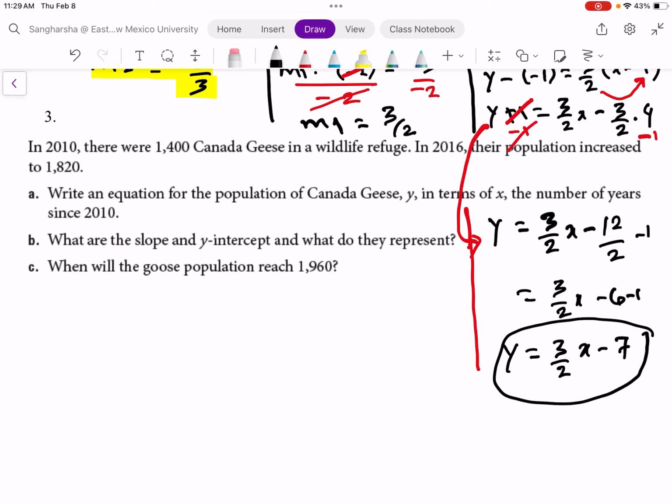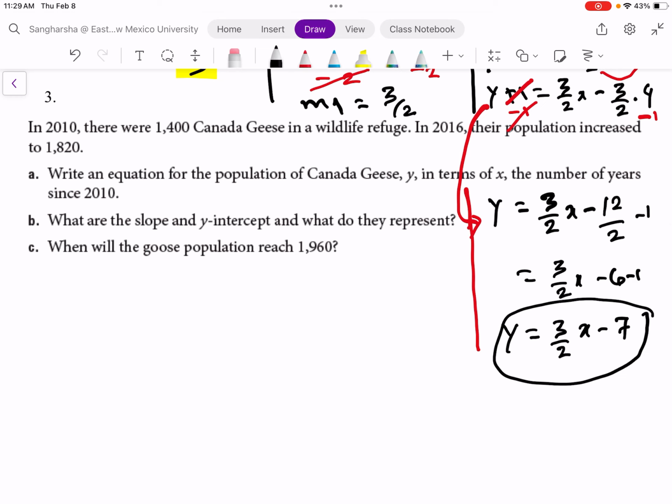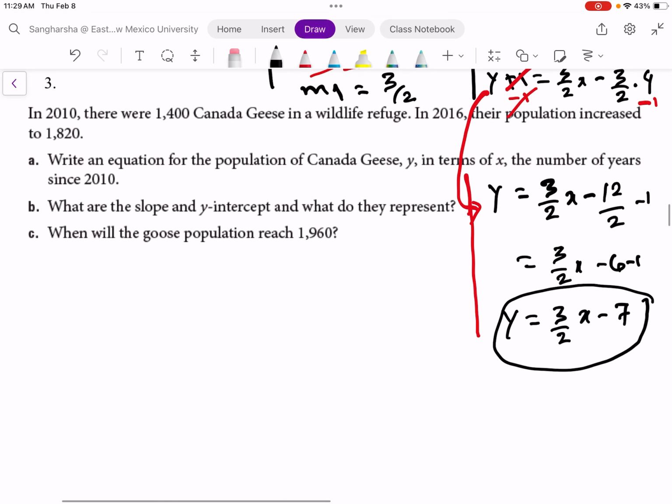So here in the next example, in 2010 there were 1400 Canada geese in a wildlife refuge. In 2016 their population increased to 1820, and we are asked to write the equation of the population of Canada geese, y, in terms of x, where x is the number of years since 2010.